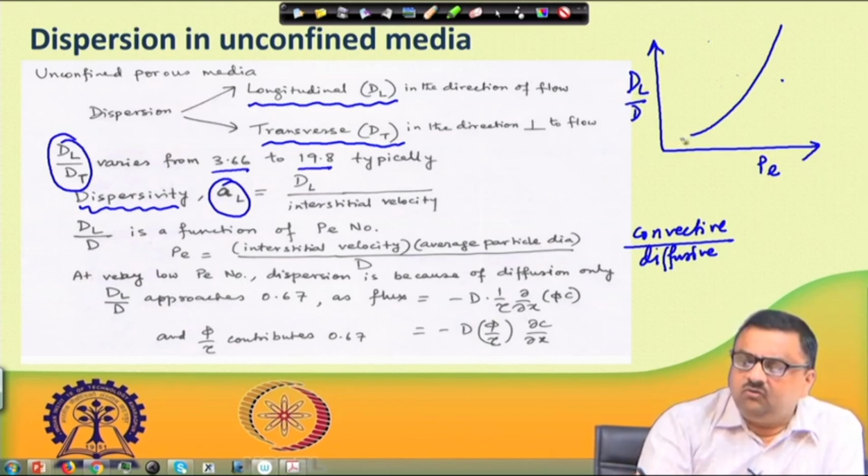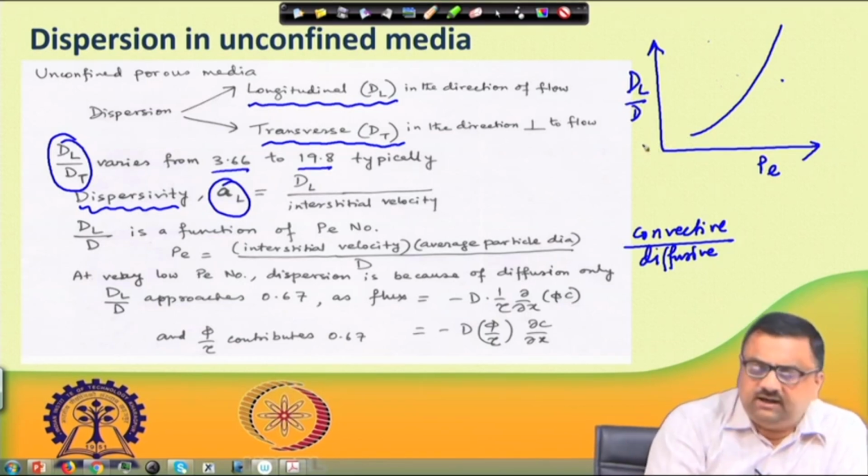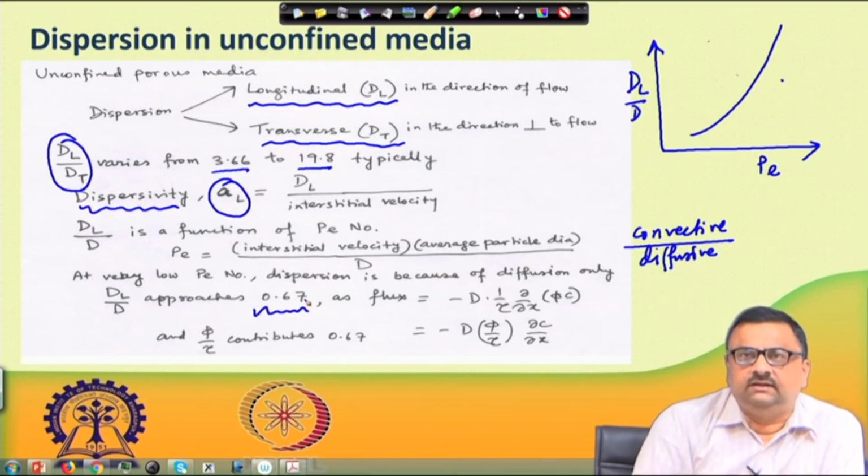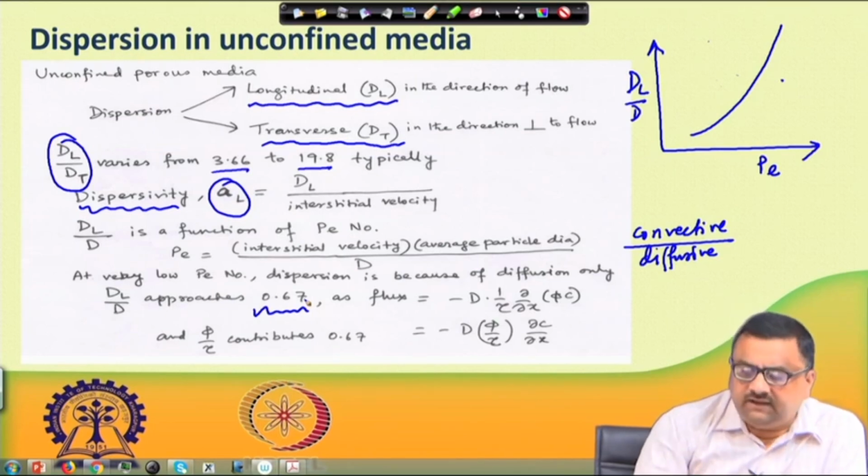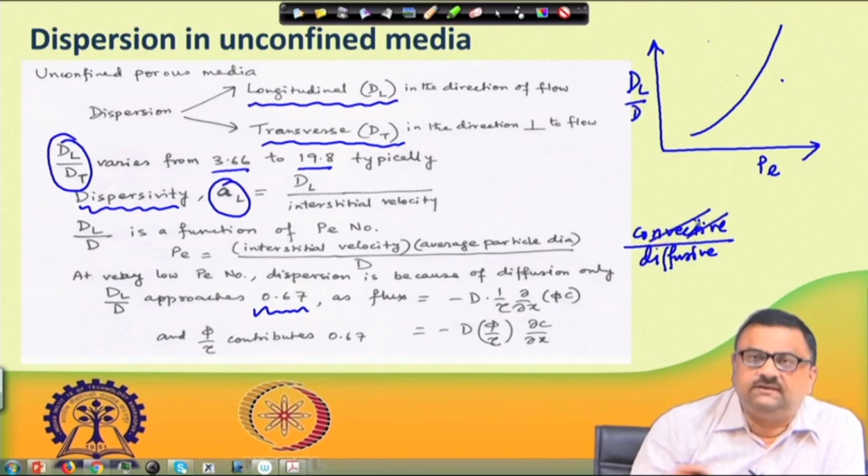Generally, at low Peclet number, or Peclet number tending to 0, this DL by D has some magic number everybody has converged to, which is 0.67, and generally they attribute this to the fact that when the Peclet number is truly small or insignificant, the convective part is not present at all. That means it is flowing at such a low rate that convection does not have any effect.